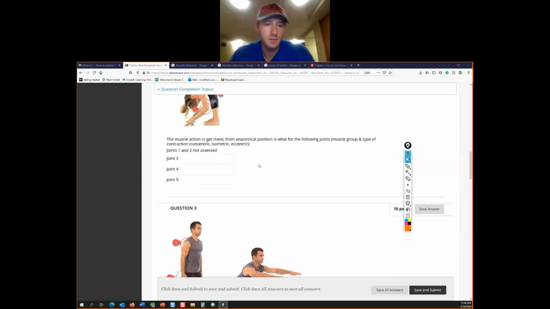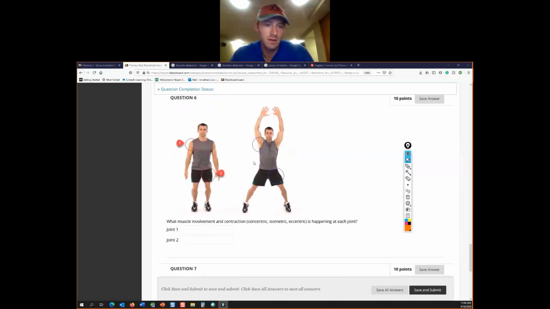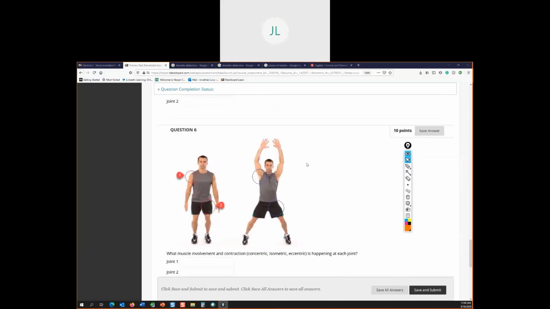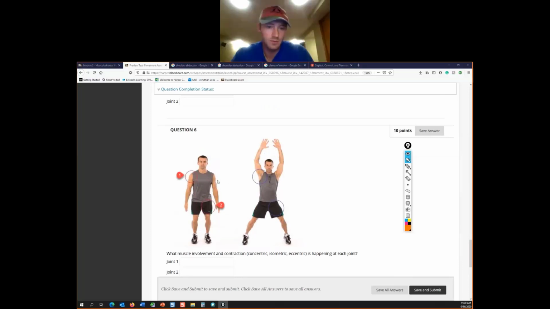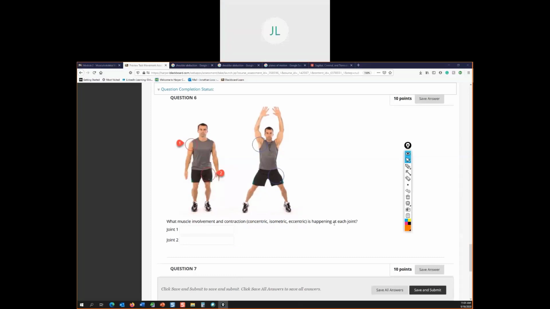I had a question about number 6. Okay. So I don't know if it's a Blackboard issue, but I put shoulder abductors and also hip abductors working concentrically. Is that incorrect? Because I got it incorrect on Blackboard.